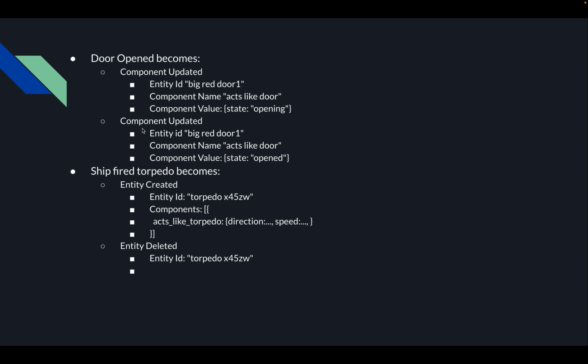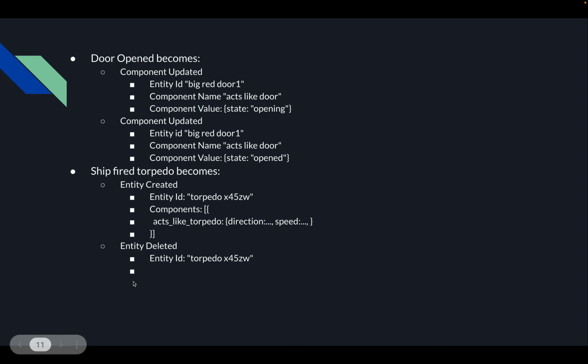So you need one more event when the client that opened the door, when that door finally reaches its full height or fullest opening, then send another message just to say that it was opened. That way, when a new client joins and wants to get a state from the server, it would get, oh, here's the entity for the door, and here's the component, and it's opened.